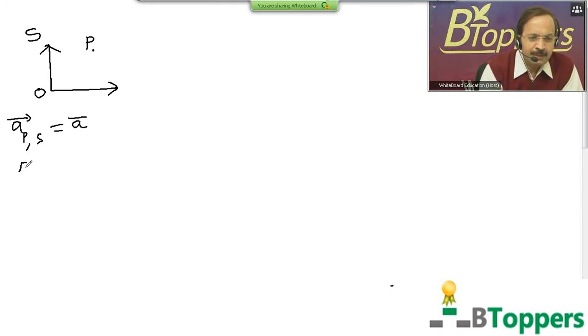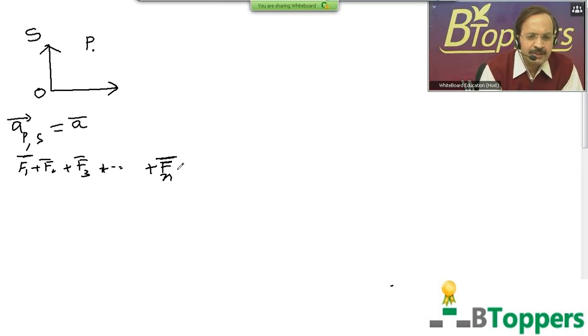Let us suppose F1 bar, F2 bar, F3 bar, etc. up to Fn bar denote the individual external forces which act on the particle with respect to the inertial frame.